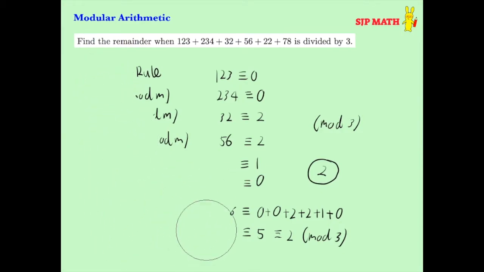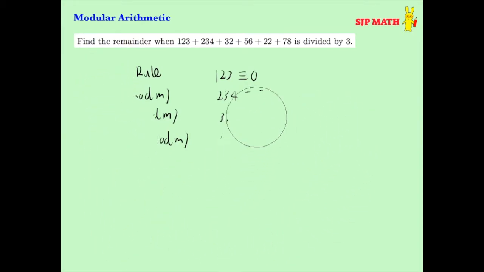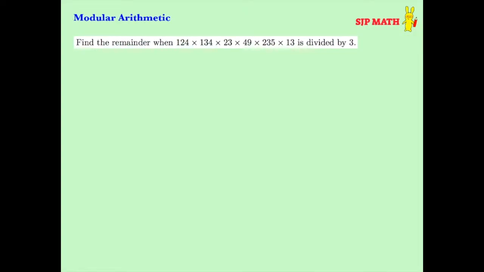So let's erase this first, and get rid of this problem and go into the next one. So, similar problem, but it's multiplying. So find the remainder when this product is divided by 3.